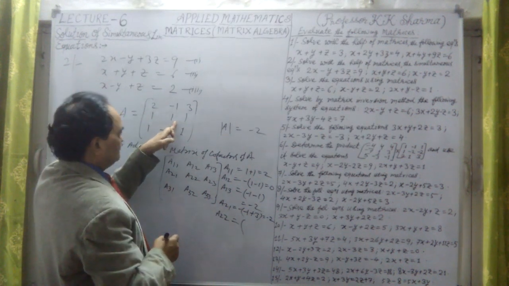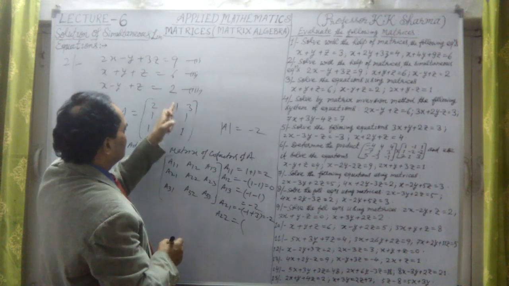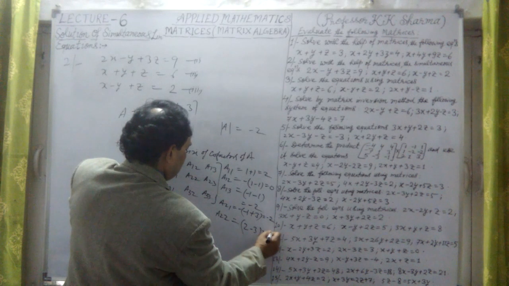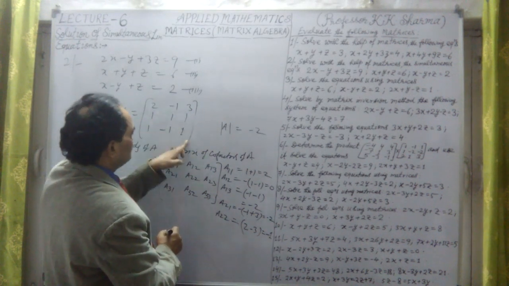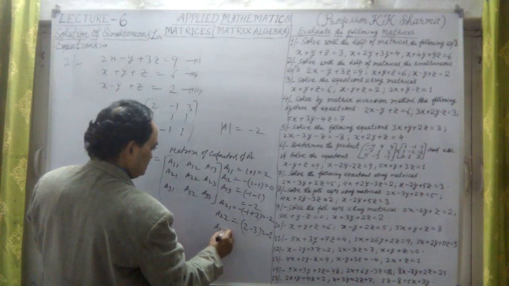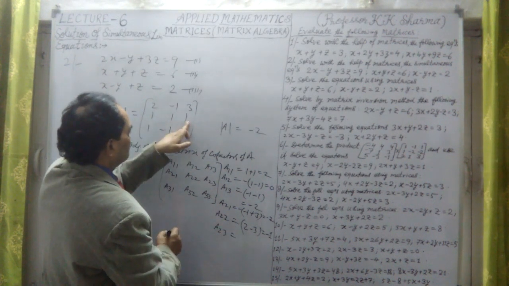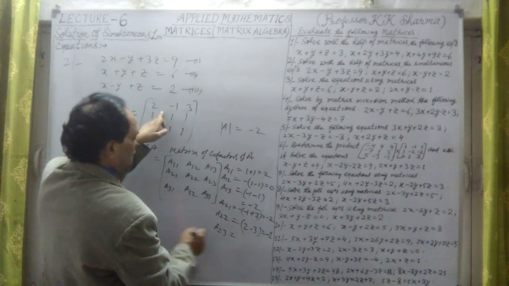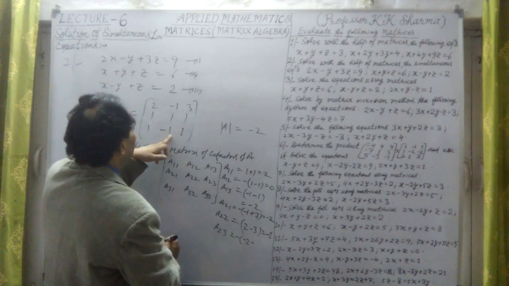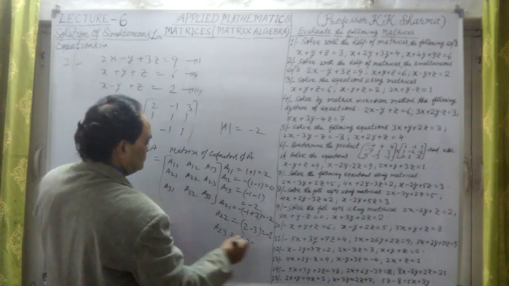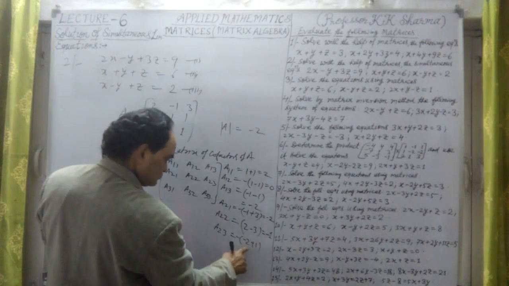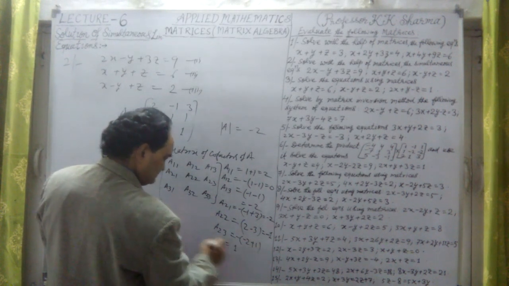A22 for this 1, the coefficient of 1, is 2 minus 3, which is minus 1. Then A23 for this 1 will be minus 2, the minus sign is there, and this is minus 1, so it is plus 1.